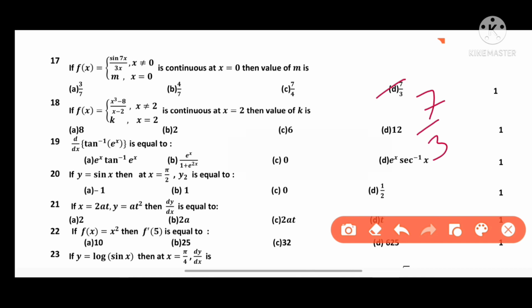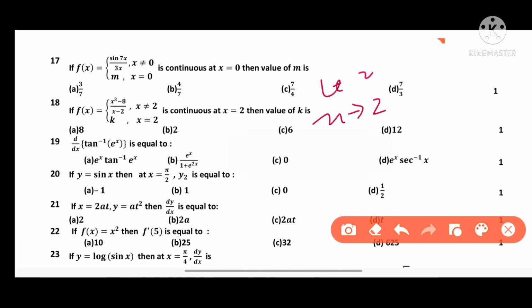Next, question 18. If f(x) is equal to (x cube minus 8) divided by (x minus 2) for x not equal to 2, is continuous at x equal to 2, then value of k is. This is also solved by using definition of continuity. Limit x tends to 2.